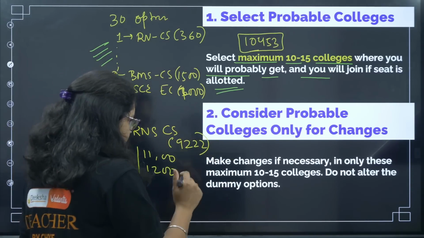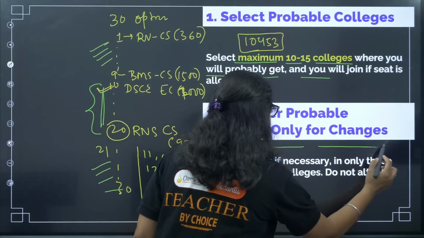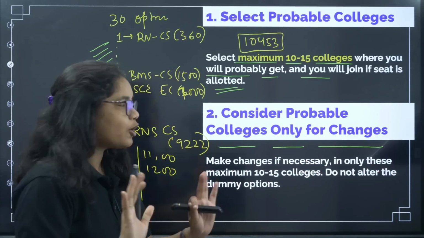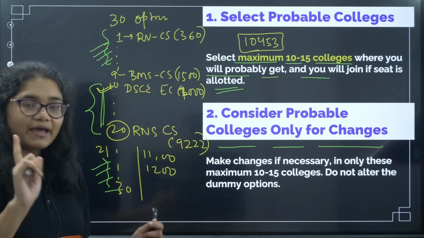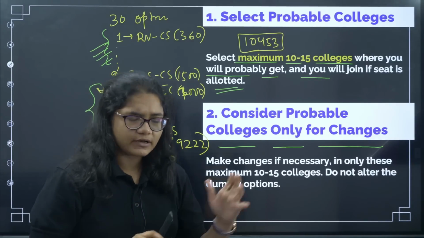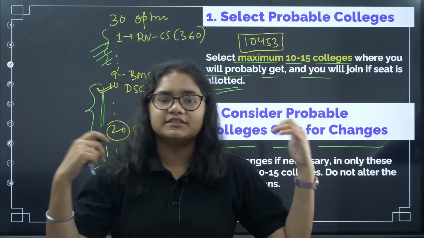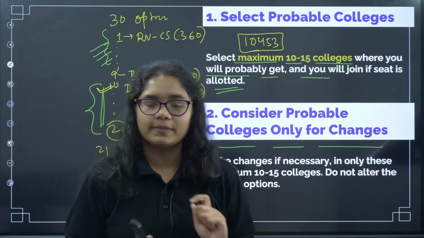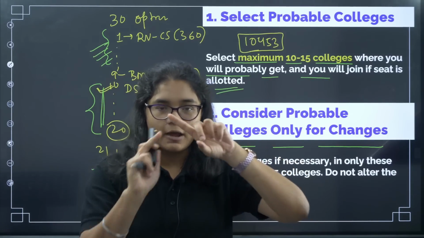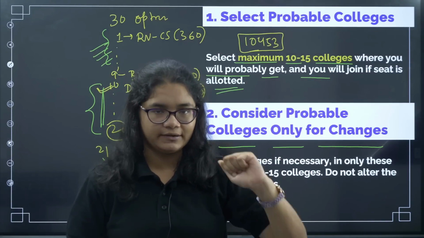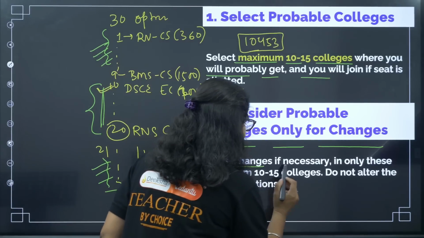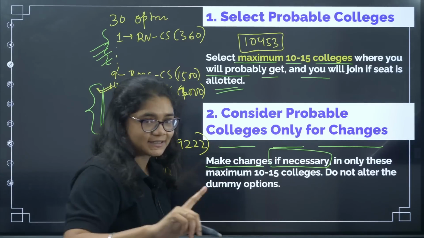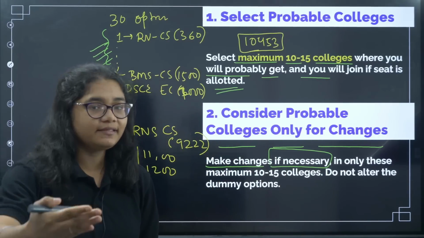So these options you first have to figure out in your option entry. Second thing, consider probable colleges only for changes. Do not disturb the other options where you do not have to make changes. It is not that you will jumble the whole option entry right now, not like that. You have to select a particular segment of your option entry, and there make changes if necessary. We will discuss whether it is necessary or not in the next point.